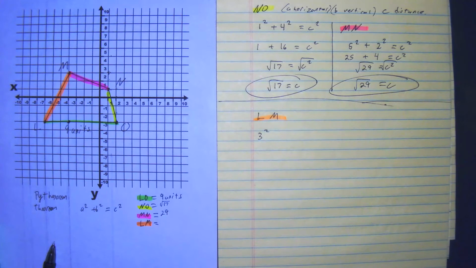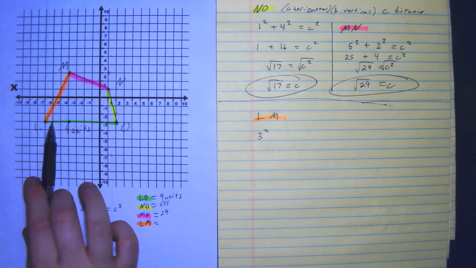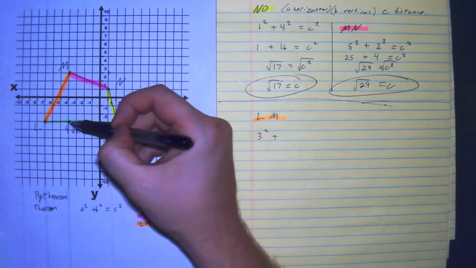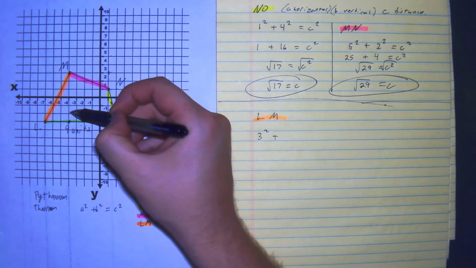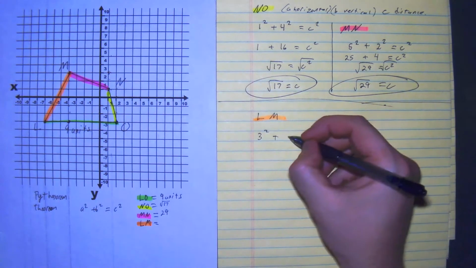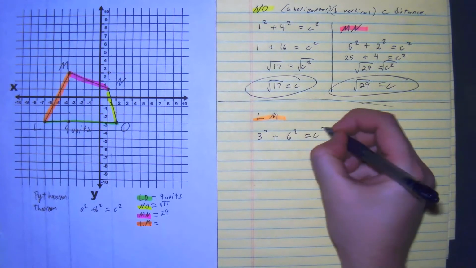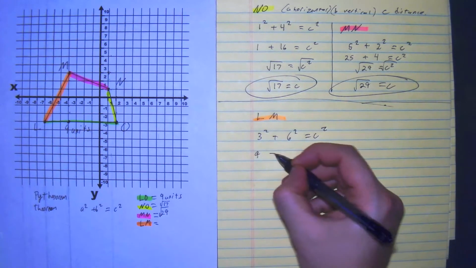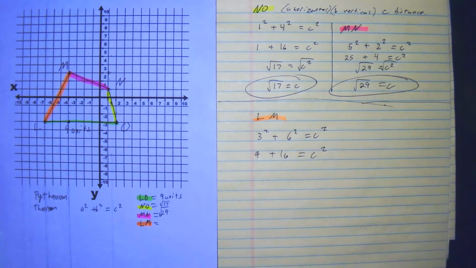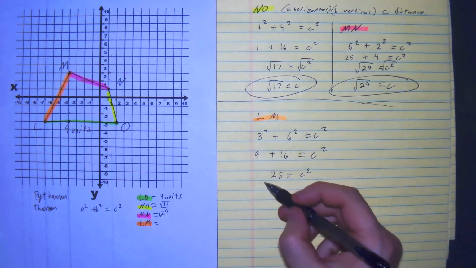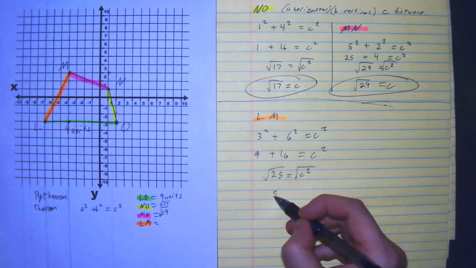The color will keep me organized. 3 squared, 0, 1, 2, 3. Then I want the vertical, the B. 0, 1, 2, 3, 4, 5, 6. So you get plus 6 squared equals c squared. So you get 9 plus 16 equals c squared. 9 plus 16, 25 equals c squared. Square root both sides. You get 5 is equal to c.